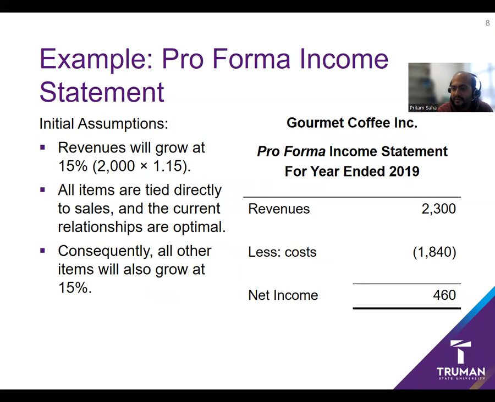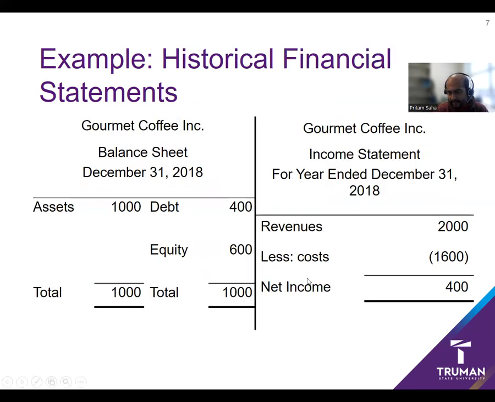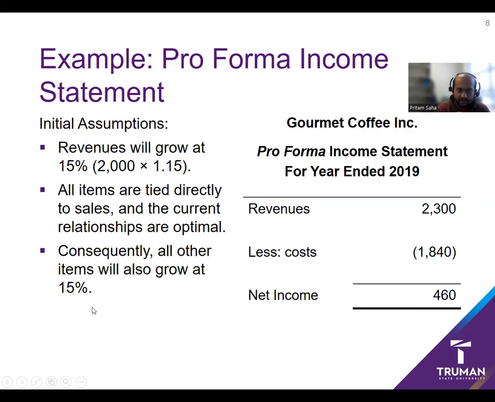How can we start? First step, project sales. Let's say sales will go up 15% next year, and we are assuming all else will be tied to sales. Historically, 20% of sales is net income and 50% of sales is total assets. So now we are forecasting sales growth of 15% next year, which is 2300, with 80% cost and 20% net income.